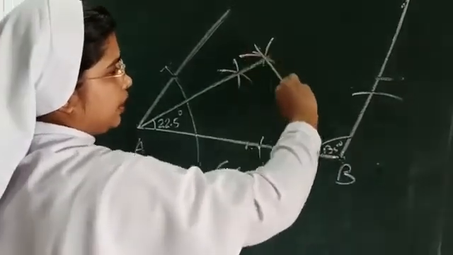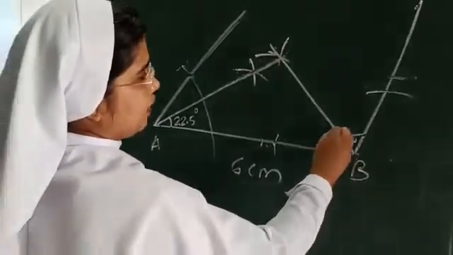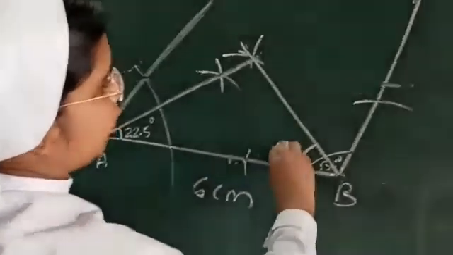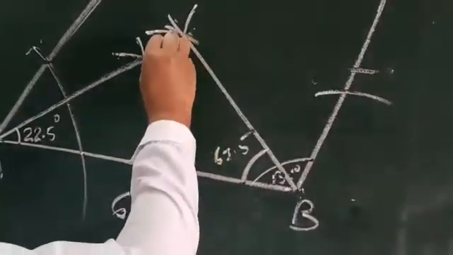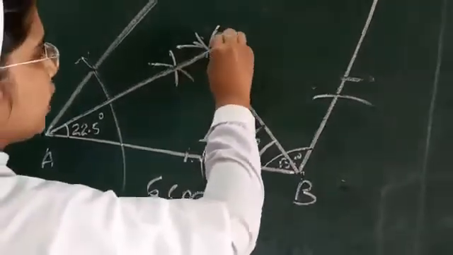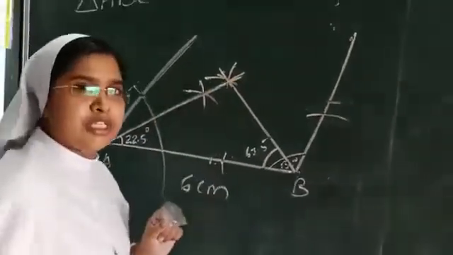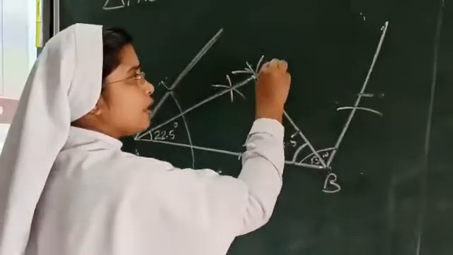Now I am showing that point. You will get a bisector here, and you will get here the angle exactly 67.5. Now these two bisectors are coming together. You will see here is a point where both the bisectors meet. So here that is the point C.